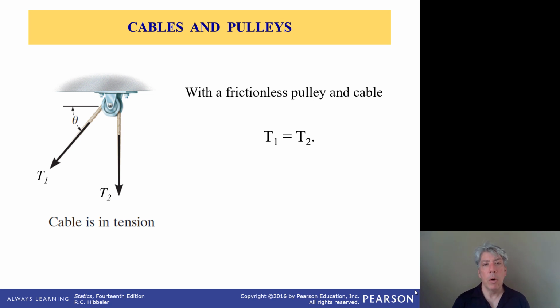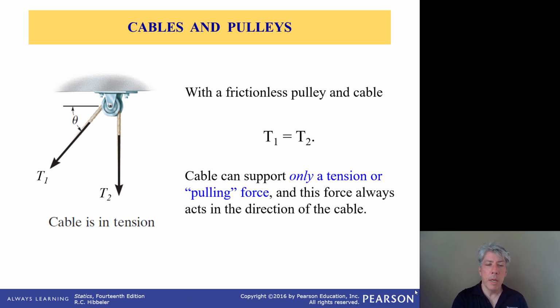But for now, we're going to say that since the pulley is frictionless and it can rotate, the tension on each side of a rope or a cable will simply be equal. And so that's something you should know for making free body diagrams associated with cables and pulleys. As I said, cables and ropes and so forth can only support a tensile force, not a compressive force. And of course, that force acts in the direction of the cable.